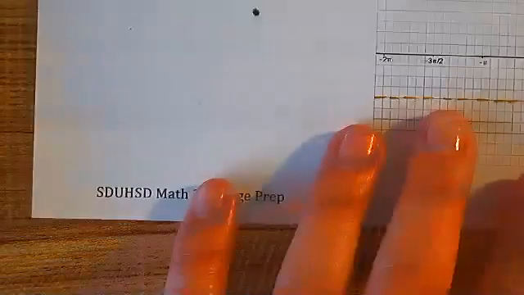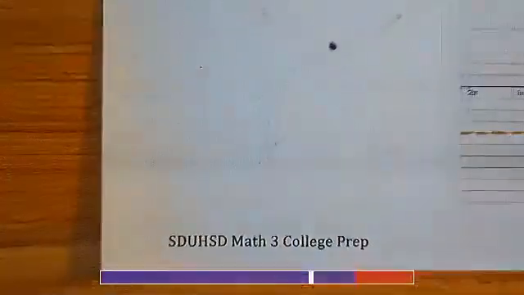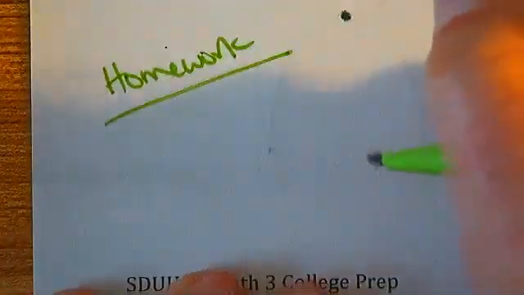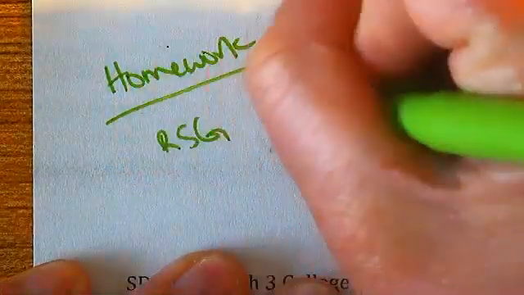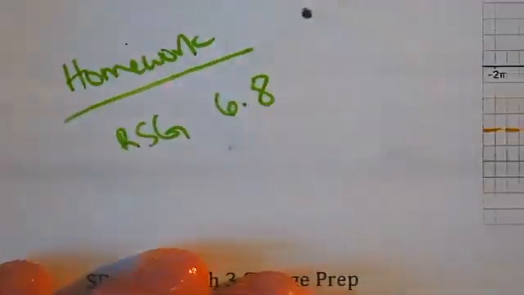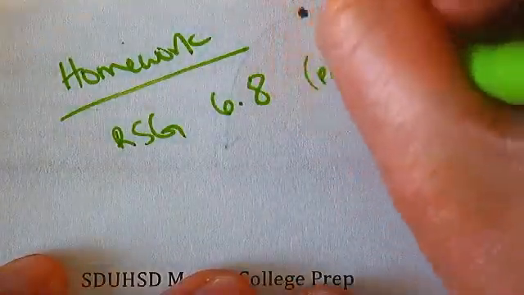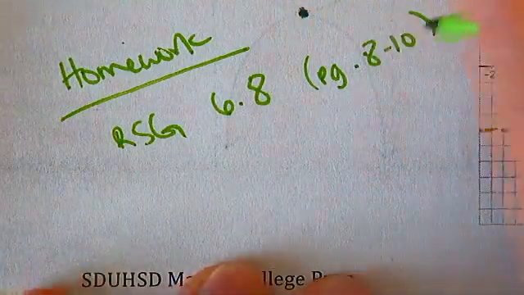Let's go ahead and discuss some homework. So for homework, you're going to be doing RSG 6.8, which in that part 2 packet is on pages 8 through 10.